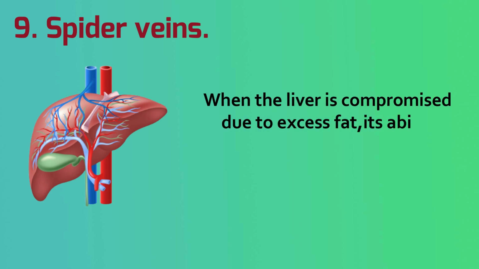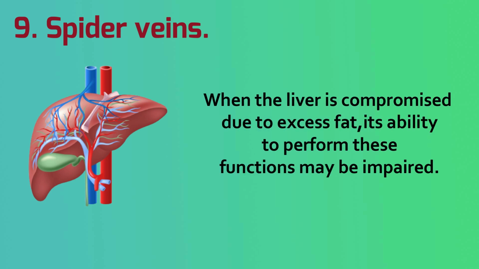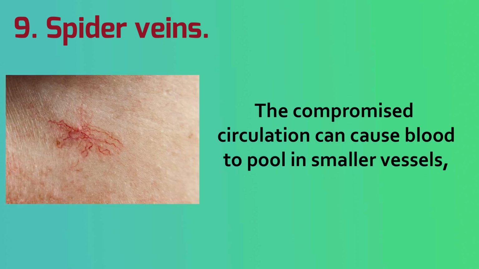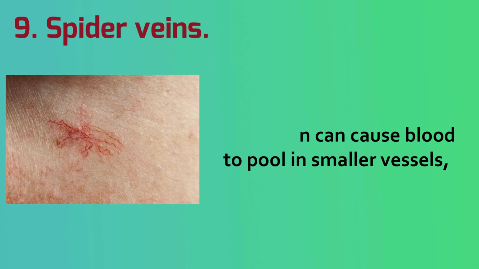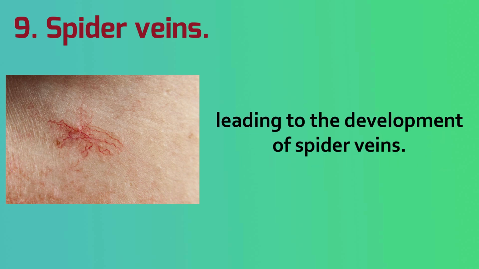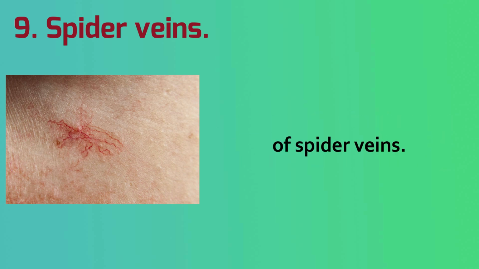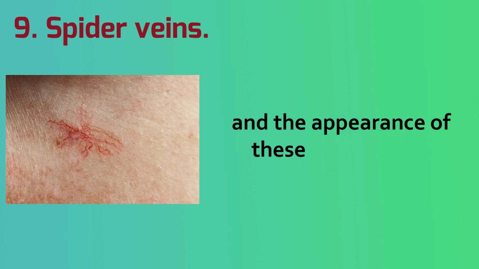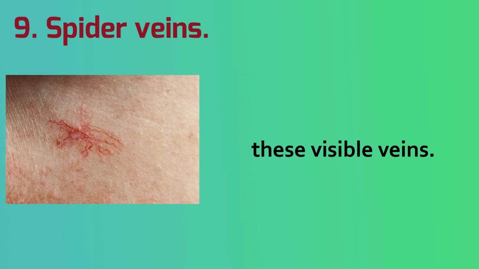When the liver is compromised due to excess fat, its ability to perform these functions may be impaired. The compromised circulation can cause blood to pool in smaller vessels, leading to the development of spider veins. Essentially, the weakened liver function contributes to venous insufficiency and the appearance of these visible veins.